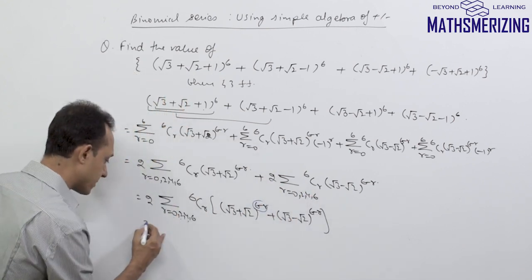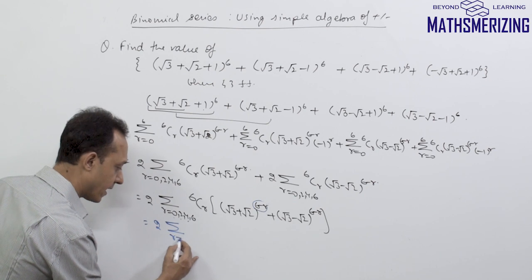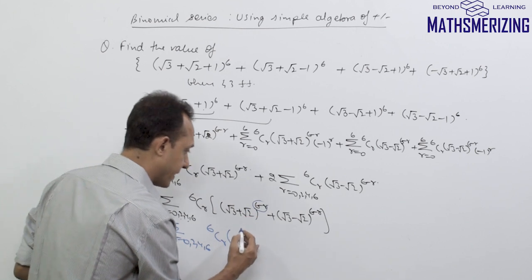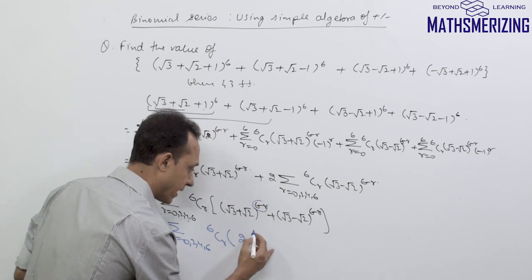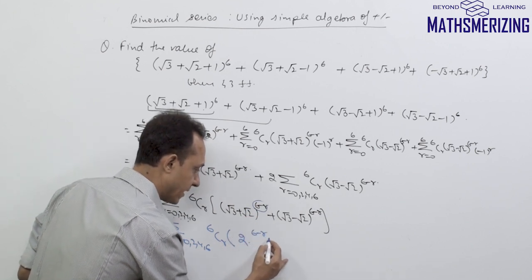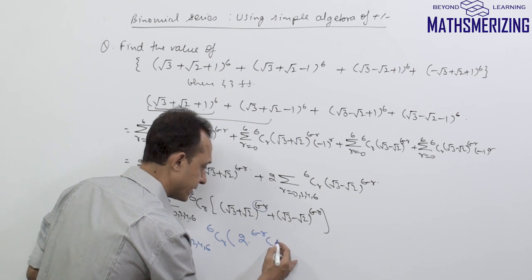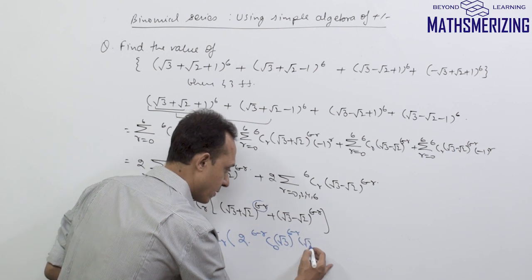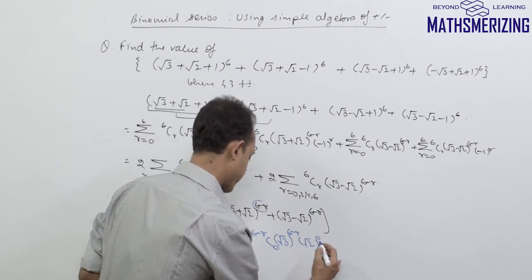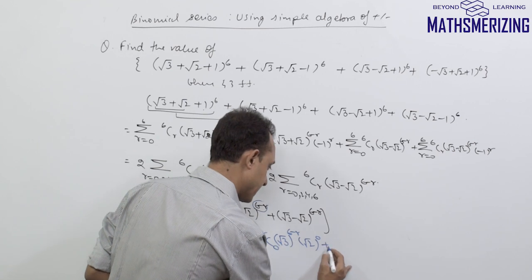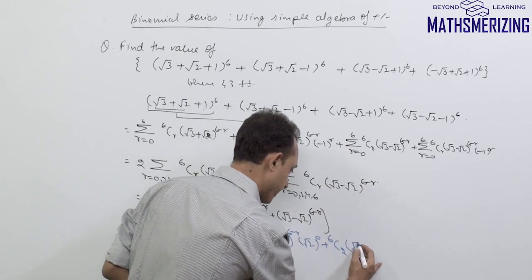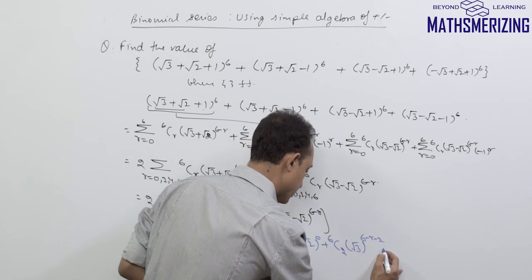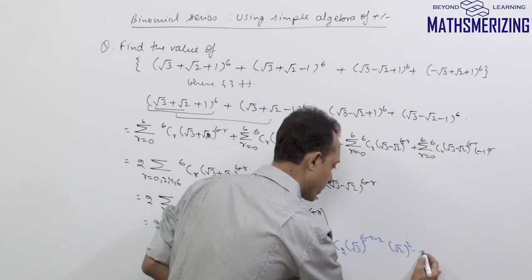So here what I'll get is 2 times summation r over 0, 2, 4 and 6 of 6Cr, and here I'll get 2 times the first term, which is (6 minus r)C0 root 3 to the power 6 minus r, root 2 to the power 0, and then plus (6 minus r)C2 root 3 to the power 6 minus r minus 2, root 2 squared, and this series will continue.